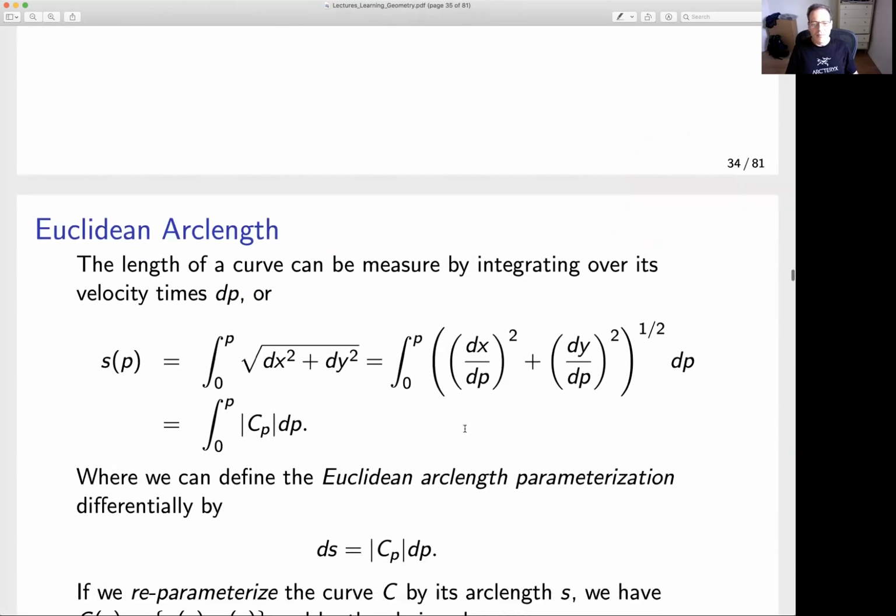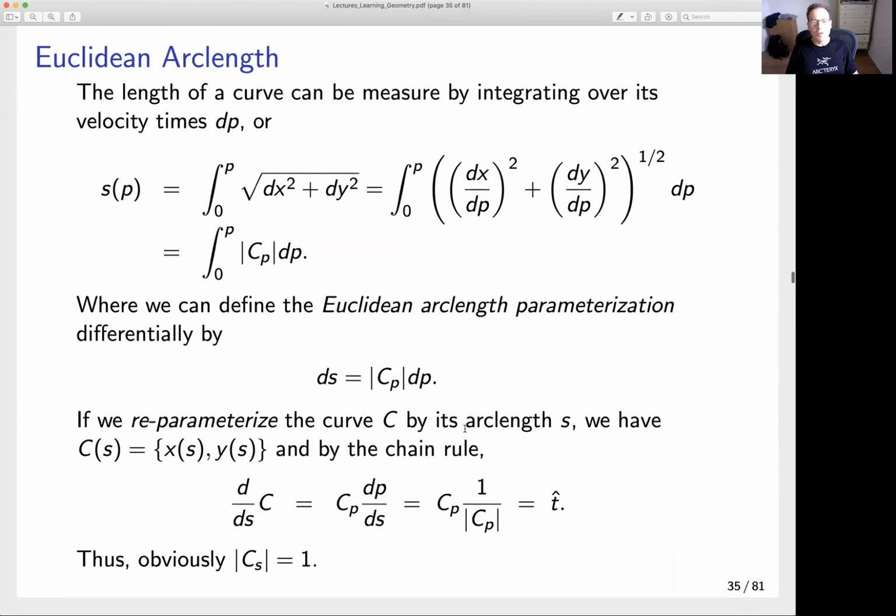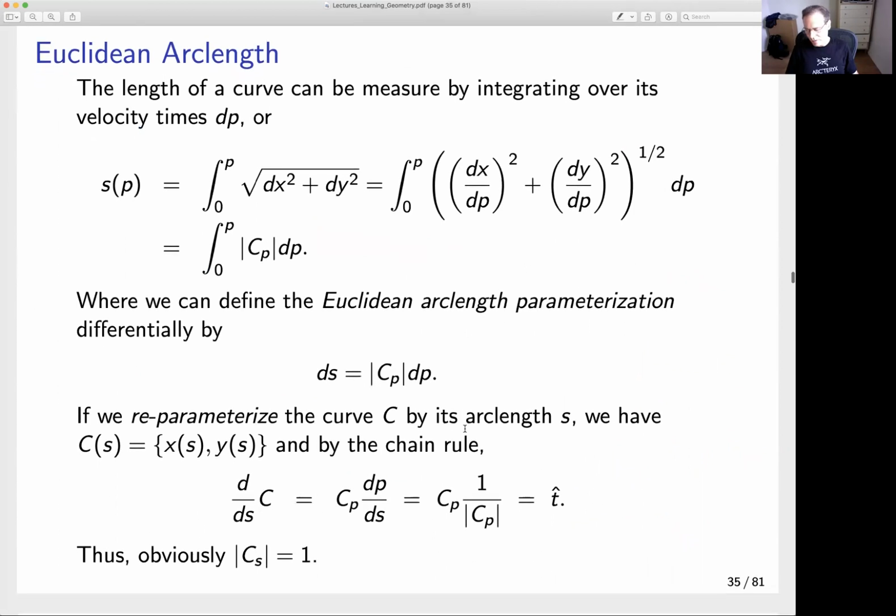Now we would like to measure the length of this curve. I've shown you before that if I look at this curve infinitesimally, and I'm looking at the length of this part of the curve, then the length would be the square root of dx squared plus dy squared.